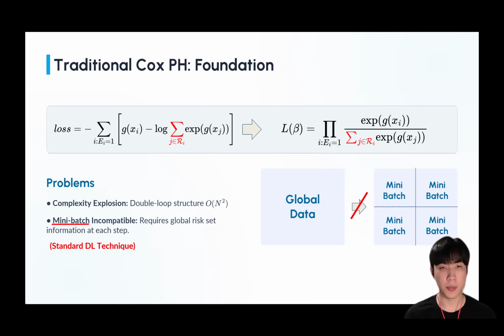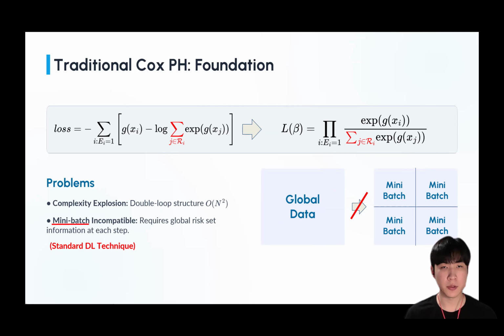To estimate the parameters, we aim to maximize the partial likelihood. In our deep learning framework, this is equivalent to minimizing the negative log likelihood loss. However, a major engineering problem occurs: the global risk set, R_i.